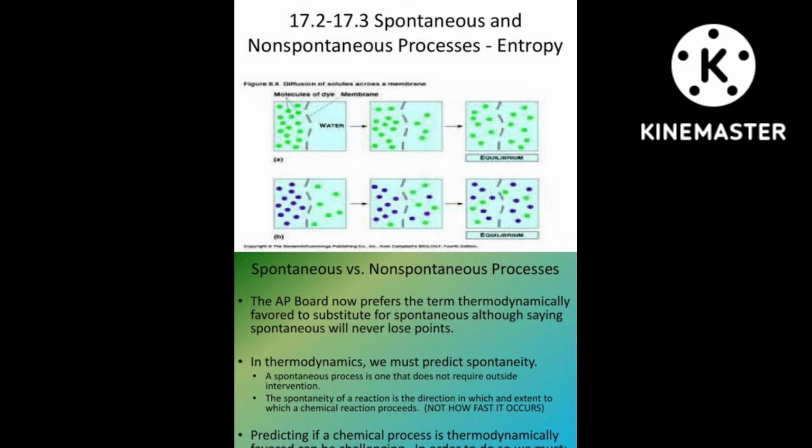Another example, burning carbon in oxygen. Carbon will burn in oxygen, giving carbon dioxide. You do not have to do anything. C plus O2, if you supply the heat, it will form CO2. But the reverse is not possible.